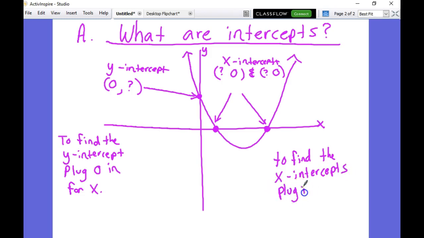We're going to plug in 0 for y and solve for x. So it's kind of like the opposite. If you want the y-intercept, you plug in 0 for x. If you want the x-intercept, you plug in 0 for y. Okay? And notice that these ones give you 2 answers.